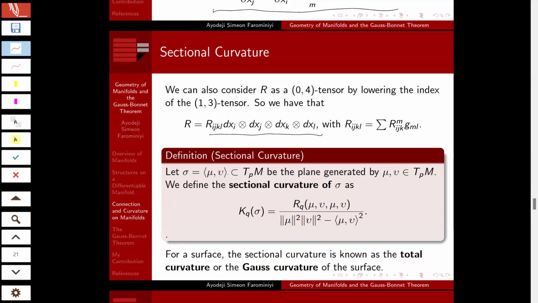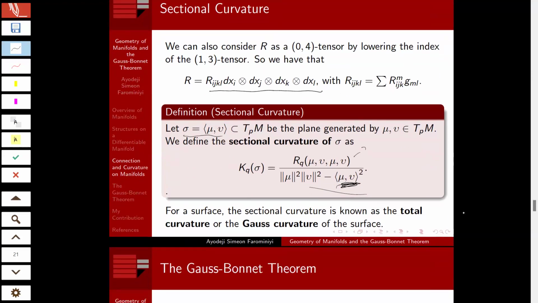So if sigma is the plane that is a subset of the tangent space at p, generated by u and v, we define the sectional curvature of that plane as follows, using the curvature tensor and the area of the parallelogram here. For a surface, which is already a two-dimensional manifold, there is no proper subspace of it, so the sectional curvature is known as the total curvature or the Gauss curvature of the surface.